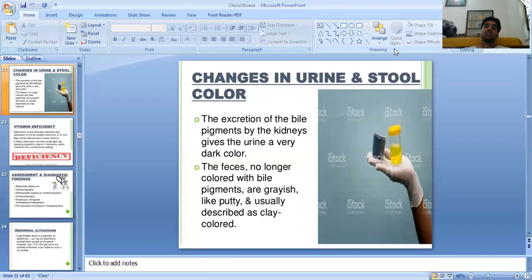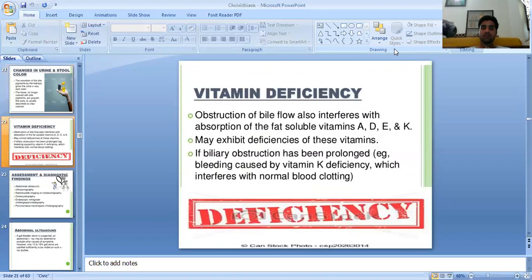Change in urine and stool color: the excretion of bile pigments by the kidney gives the urine a very dark color. The feces, no longer colored with bile pigments, are grayish like putty and usually described as clay colored.